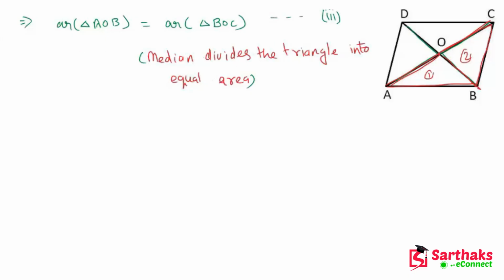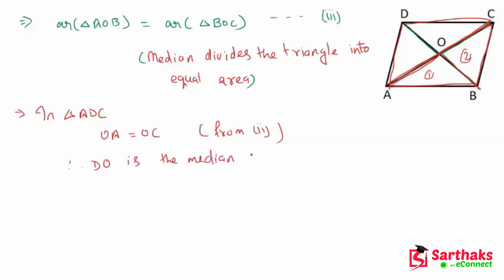Now in triangle ADC, in this triangle we are taking, again we can write OA is equal to OC from equation 2. So we can say DO is the median of triangle ADC, because DO divides the line AC into two equal parts.